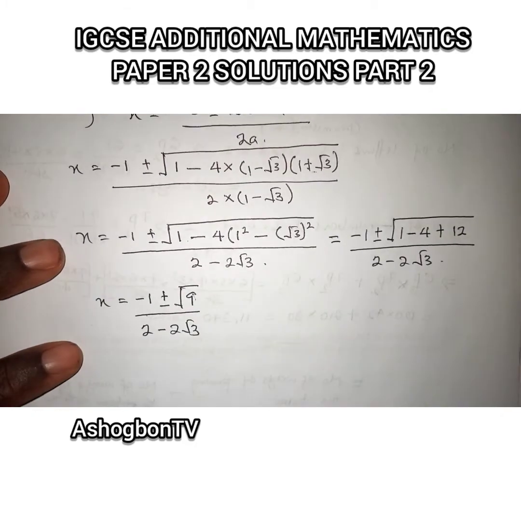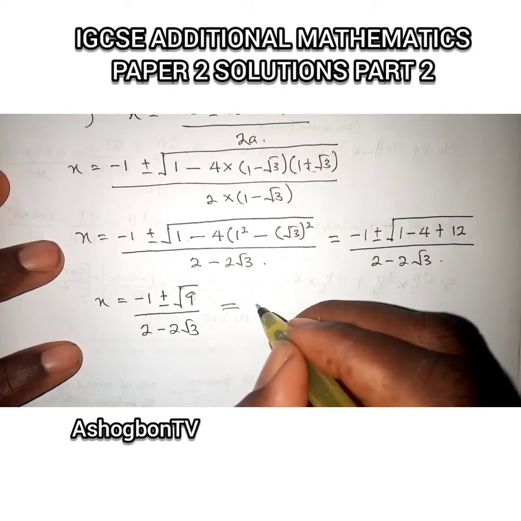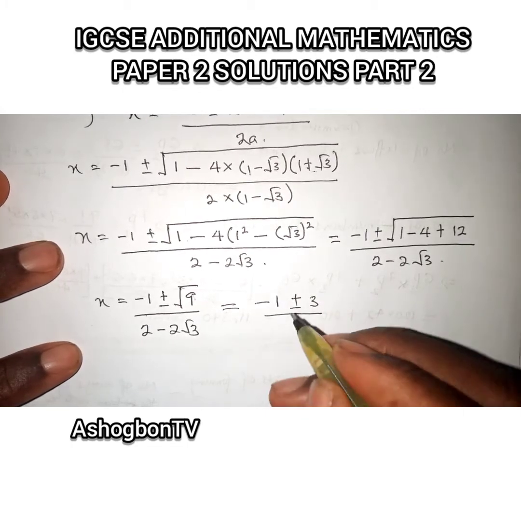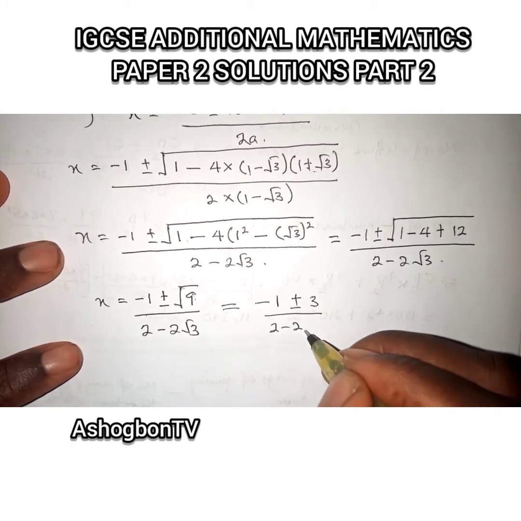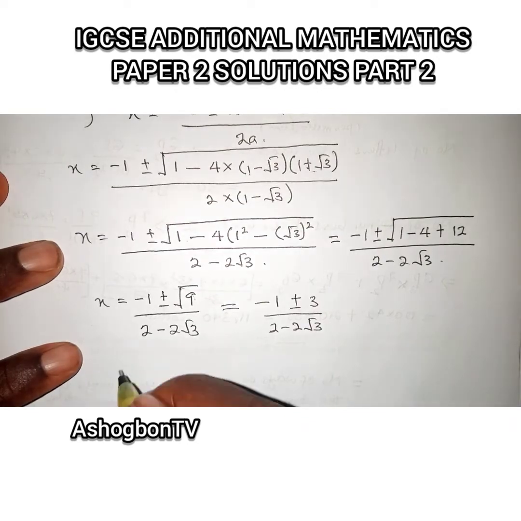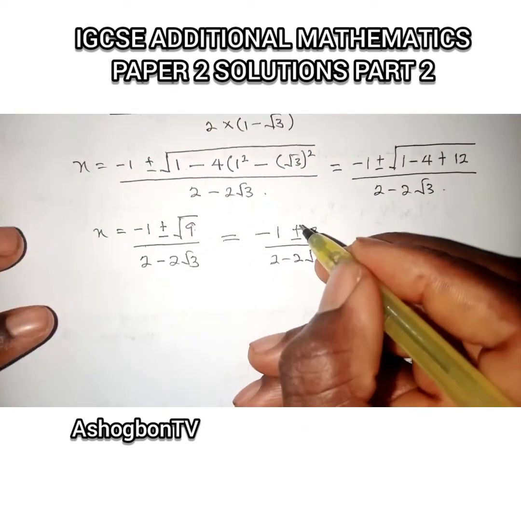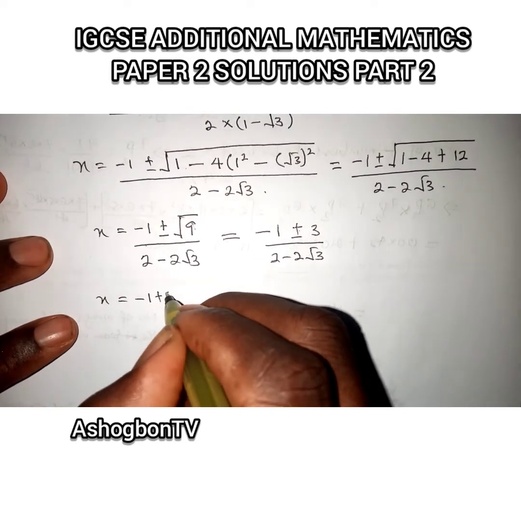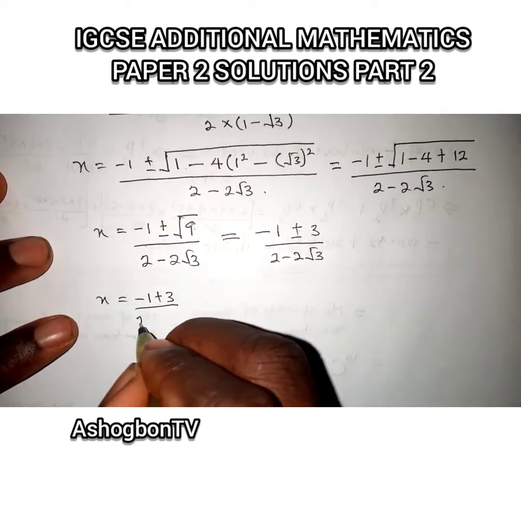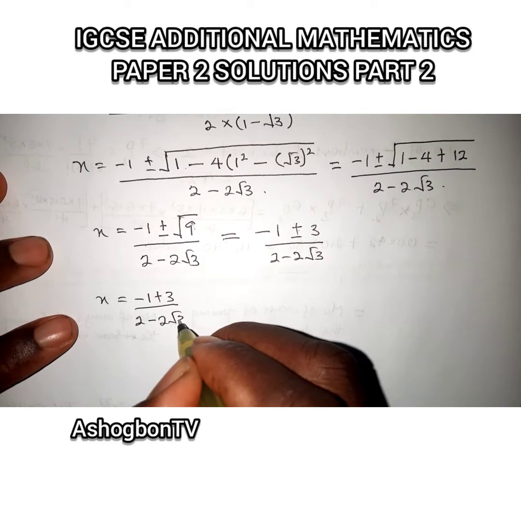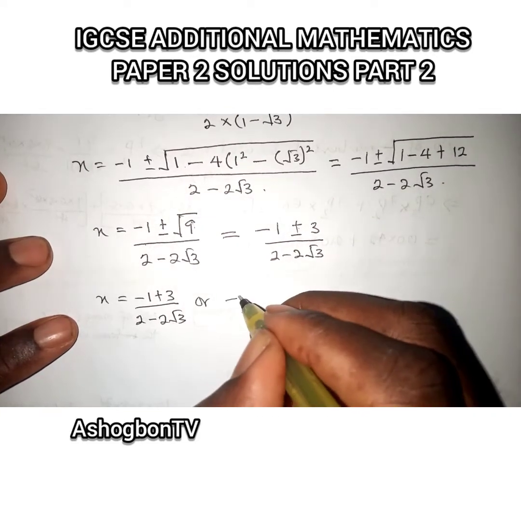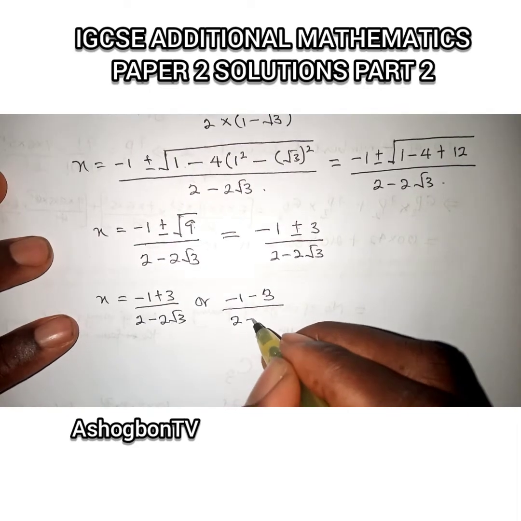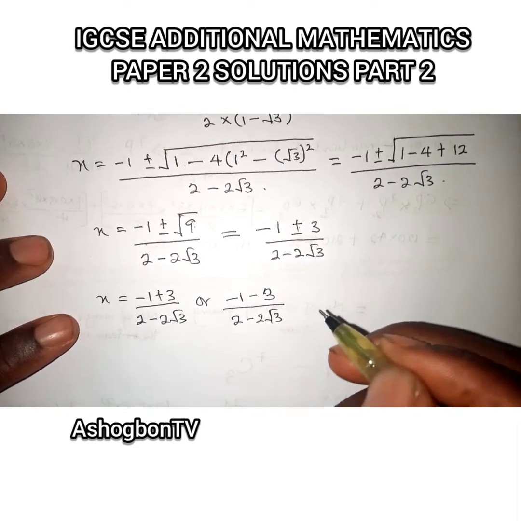So this means you have minus 1 plus or minus 3, divided by 2 minus 2 root 3. For the fact that you have plus or minus here, you are going to have minus 1 plus 3 divided by 2 minus 2 root 3, or minus 1 minus 3, divided by 2 minus 2 root 3.